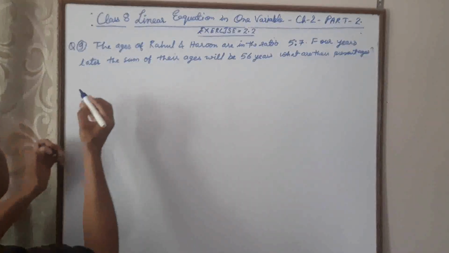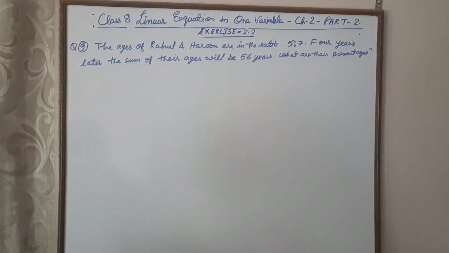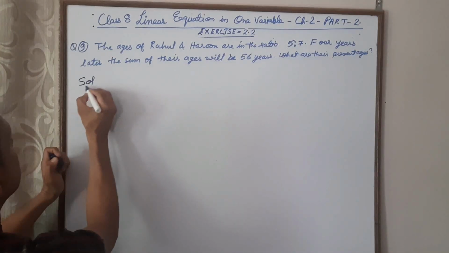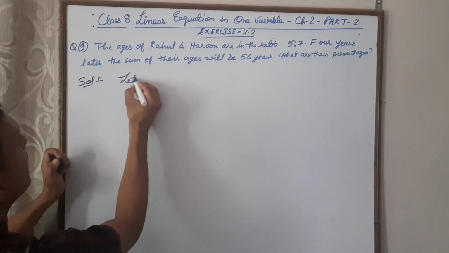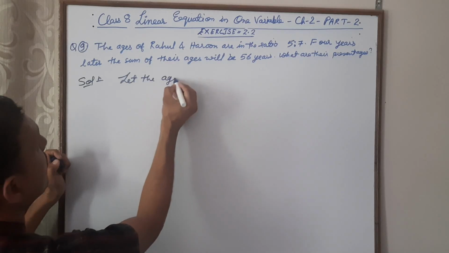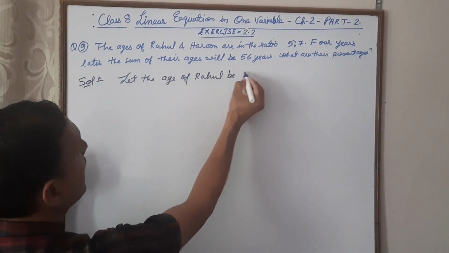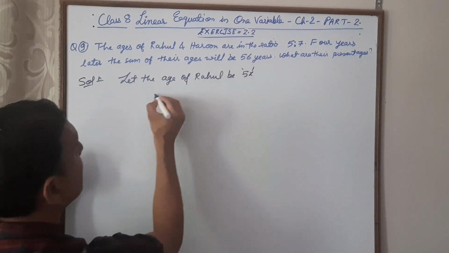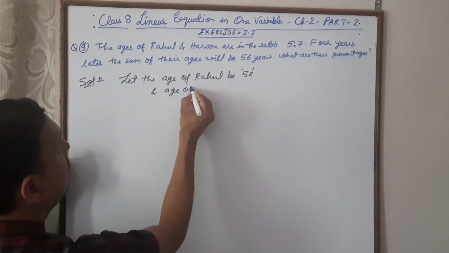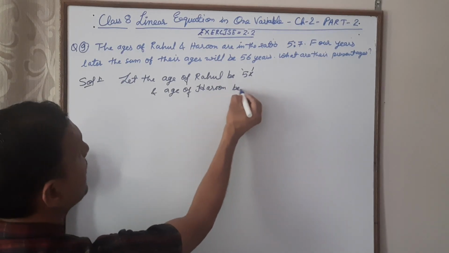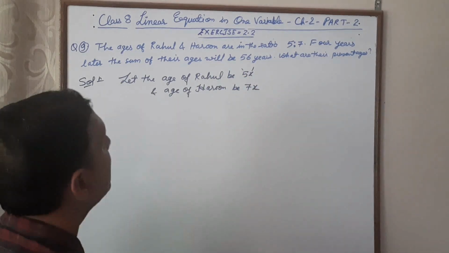Starting the solution: let the age of Rahul be 5x and the age of Harun be 7x.